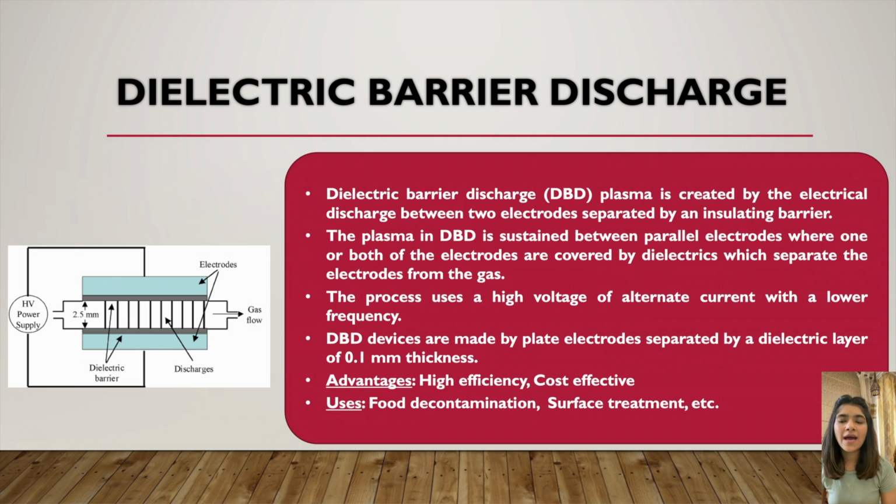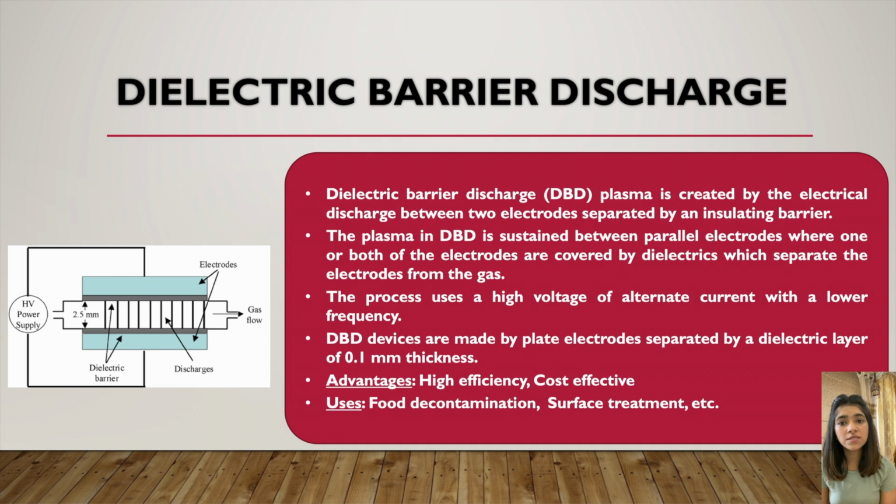Next is dielectric barrier discharge. This is created by electrical discharge between two electrodes which are separated by an insulating barrier. The plasma is sustained between those electrodes, where one or both of the electrodes are covered by dielectrics, which separate the electrodes from the gas.